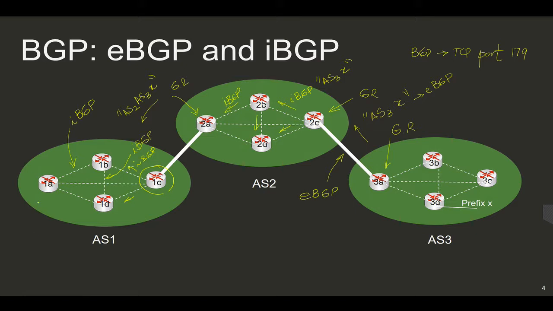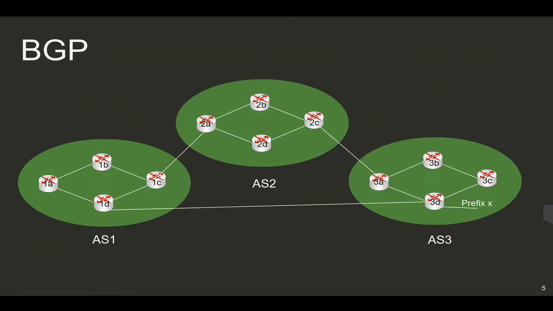So eventually, for instance, 1A is going to learn that AS2 and AS3 can help you reach prefix X. Now, in practice, there's not only one route to a particular destination, like in this simple example.